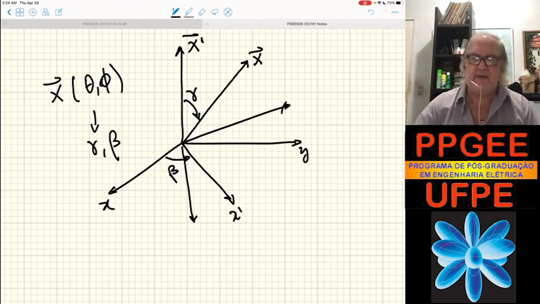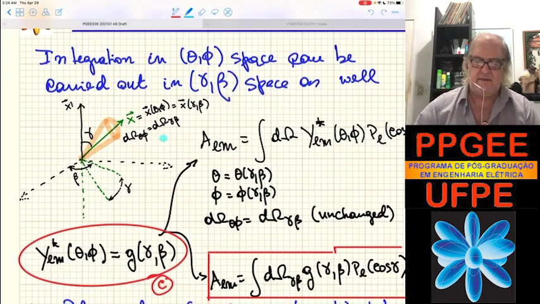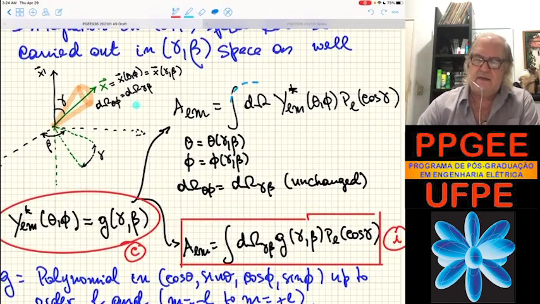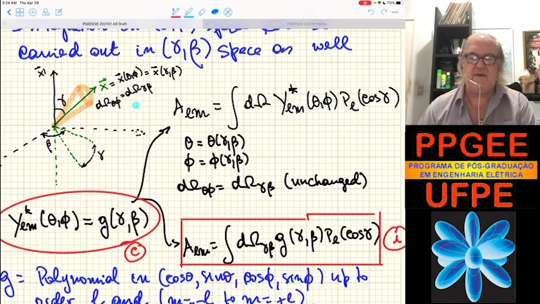So this integral is being done in theta phi space, but I can change the integration to the gamma beta space. Remember, gamma has the role of theta, and beta has the role of phi.